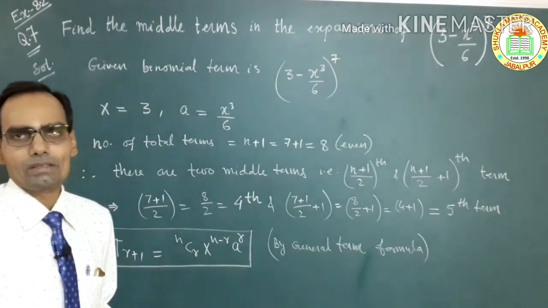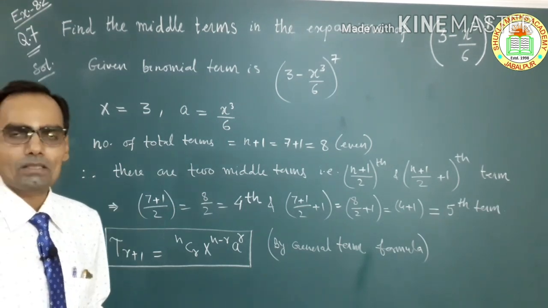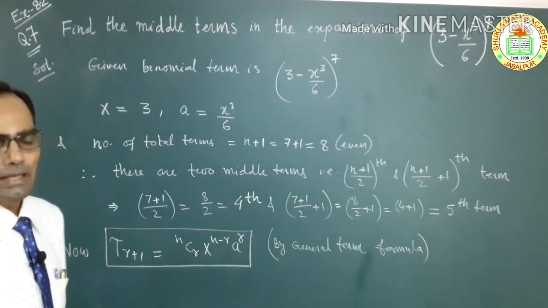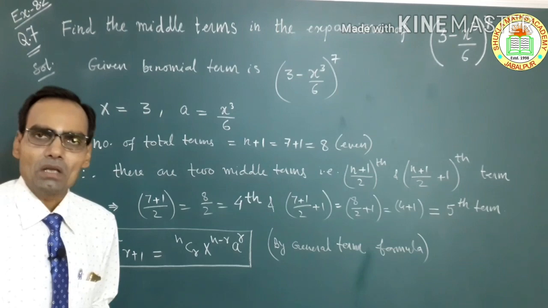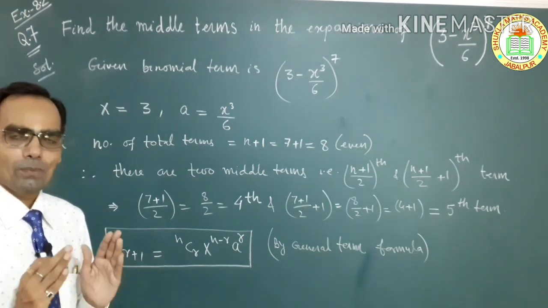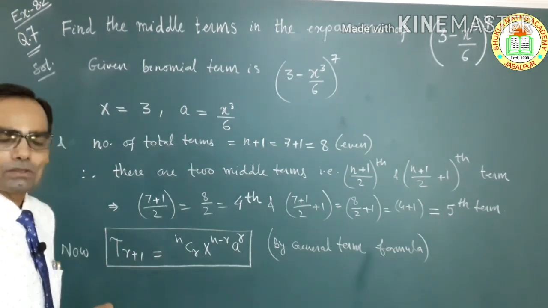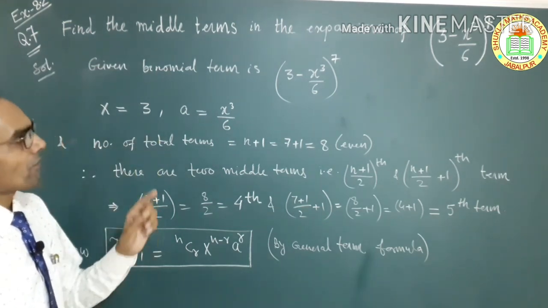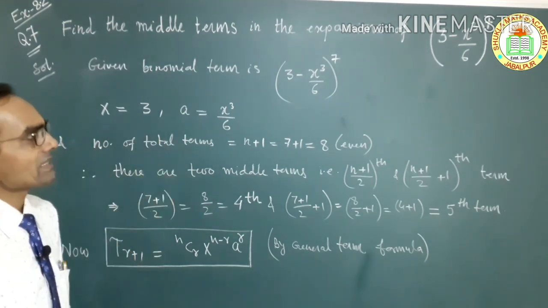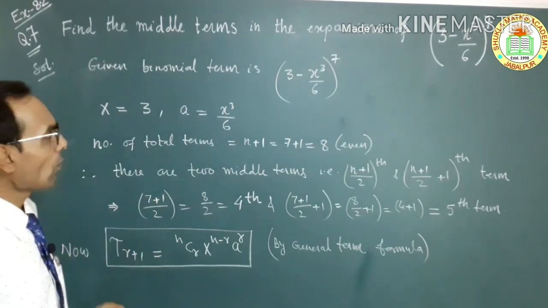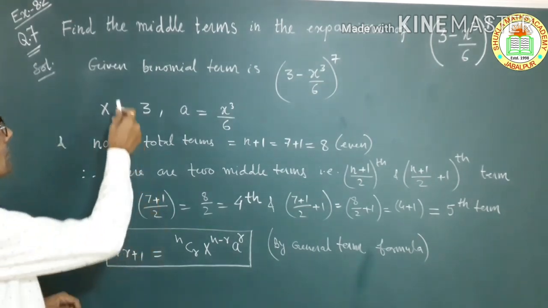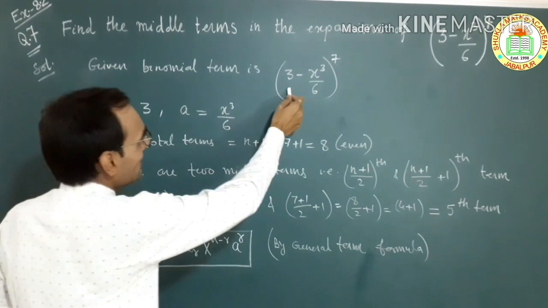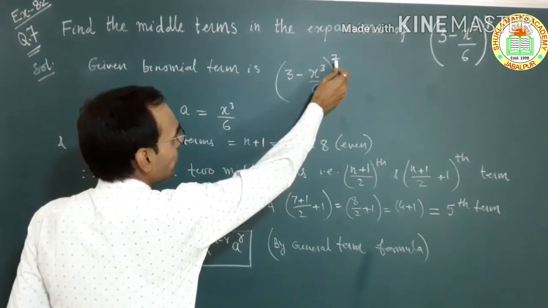Our question number 7 of Exercise 8.2 is based on the middle term of the expansion of the binomial theorem. The question is: find the middle terms in the expansion of (3 − x³/6)^7. So the given binomial is (3 − x³/6) whole raised to 7.